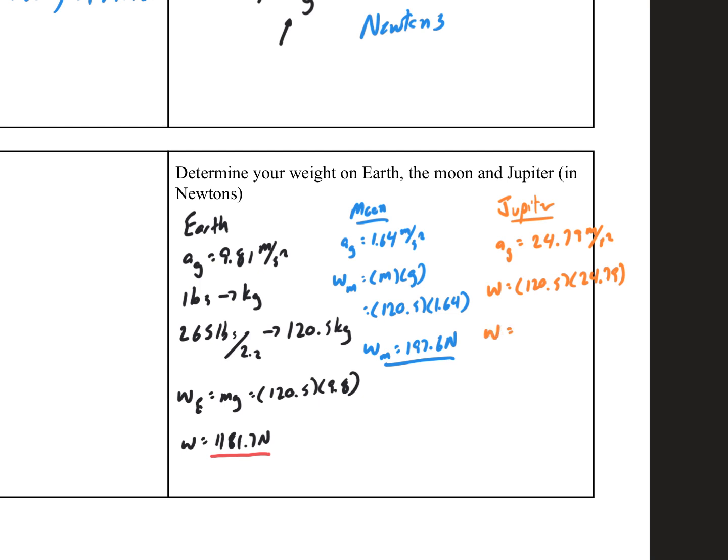So the weight on Jupiter is about 2987 newtons. Once again, just a quick example of how the weight of an object can change. However, the mass remains the same in all of these. So mass here, mass here, mass here. Weight changes, mass stays the same. Okay, good.